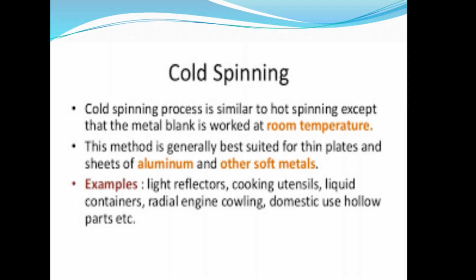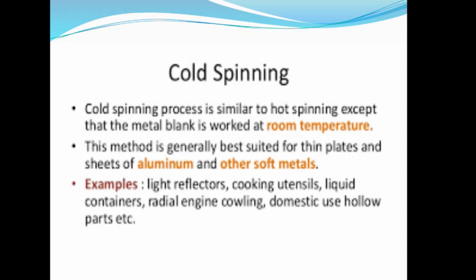Spinning is classified into two types: cold spinning and hot spinning. The cold spinning process is similar to hot spinning, except that the metal blank is worked at room temperature. Cold working means working at or below room temperature, that is, below the recrystallization temperature.